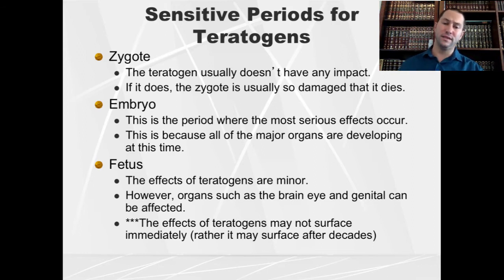And then the fetal stage, most things are finished their primary development, so teratogenic effects are less. However, you could have brain damage, eye mutations, and genital impact. And sometimes you don't even know the impact of teratogens till much later. For example, high cocaine use might result in cognitive delays.